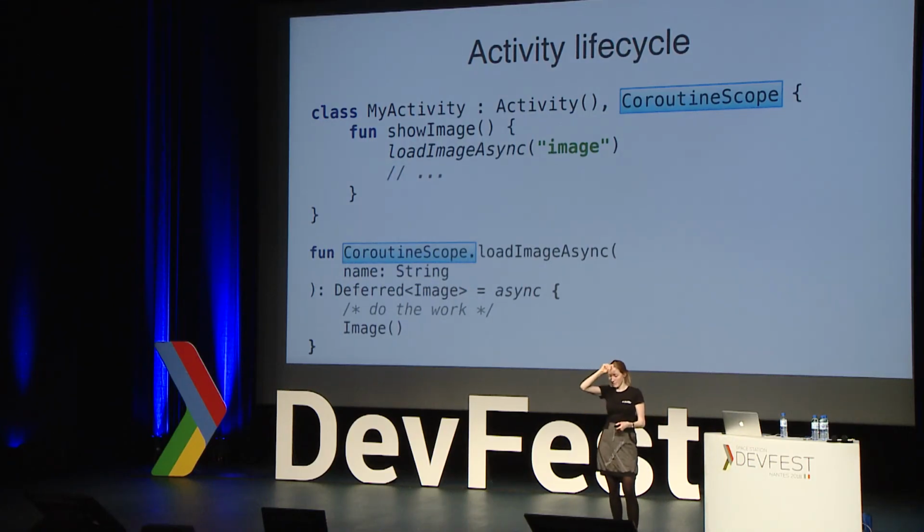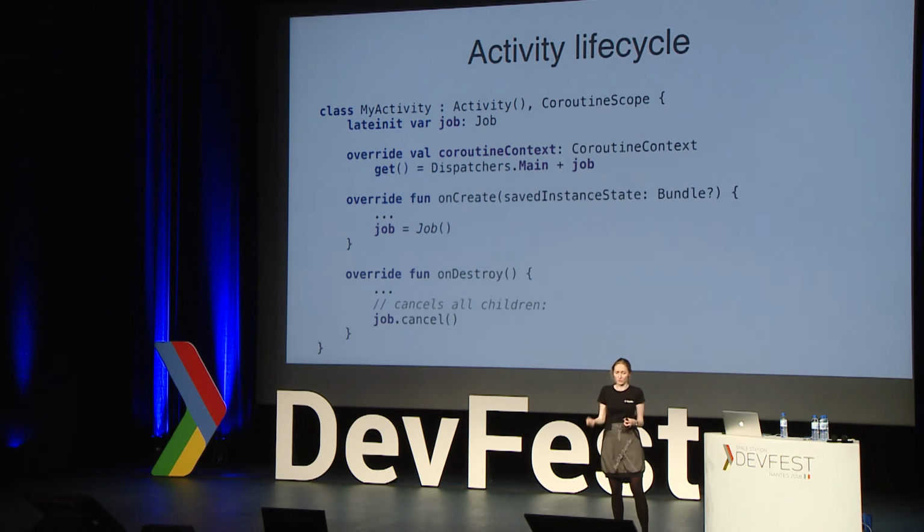They will be automatically bound to this coroutine context because you overloaded the coroutine context here. And when your activity is destroyed, by calling job cancel, you simply cancel all the children coroutines. So that's the main idea of how to control your children coroutines from your application.